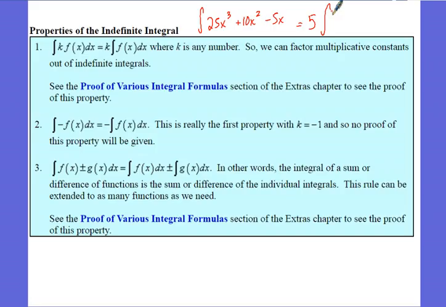So I wouldn't have to integrate it, because remember, that acts as like a parentheses, right? So if I take out a 5 from everything, then I'm left with 5x cubed plus 2x squared minus x dx. Okay? That dx, guys, it's very important. We're going to have to use that eventually, so make sure you write it on all the time. Okay? So that's basically what the first rule is saying. If there's something that's factorable, take it out.